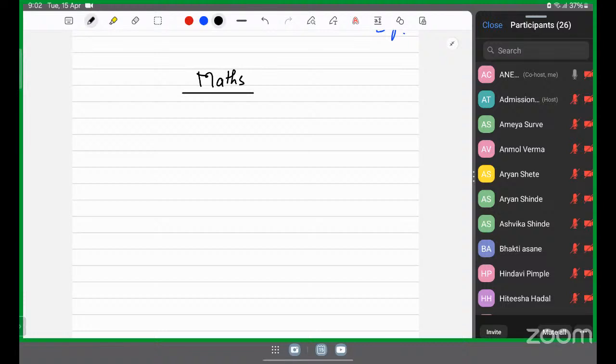In maths, we were discussing functions. And I have told you a definition for functions, domain, codomain, and range, arrow diagram for a function, and then types of functions: one-one, many-one, onto, into. Now the questions will be in two categories.